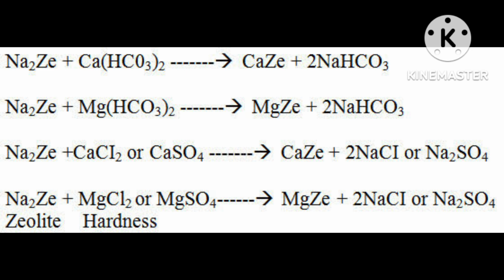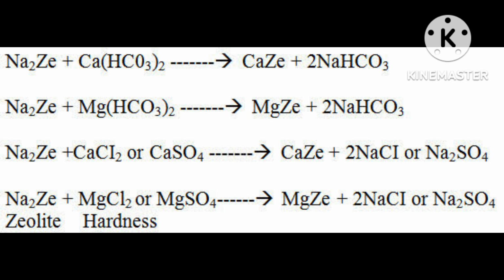It is not converting into magnesium carbonate, it is converting into magnesium hydroxide. Why? It is because of the high solubility product of magnesium hydroxide as compared to magnesium carbonate.